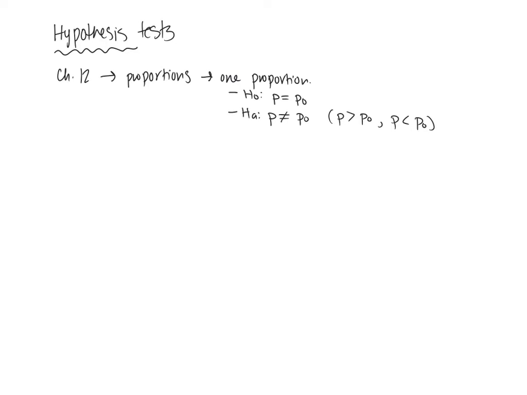So you've got to know about one-sided and two-sided tests. That part's not so hard. For these, what is your test statistic? Z equals P hat minus P naught over the standard error of P naught.